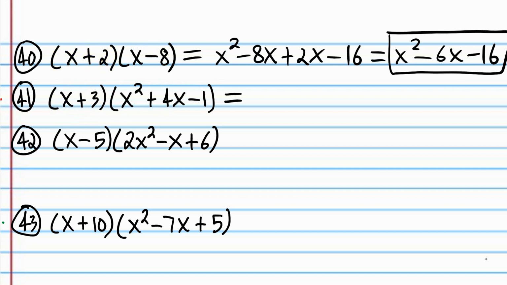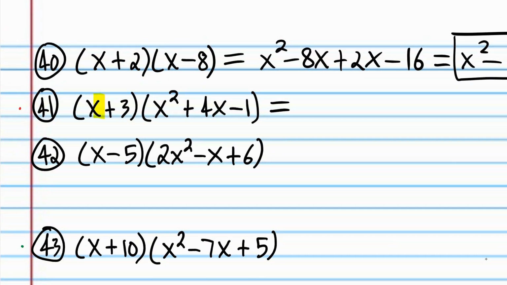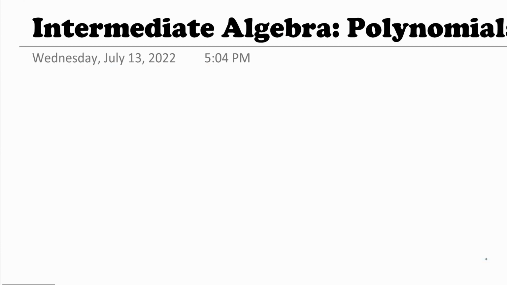So how do we do this? Well, the way we're going to do it is we're going to multiply x by all of these terms, and then we're going to multiply 3 by all those terms, and then we're just going to add them up. So every term in this expression is multiplied by every term in this expression. And you could say that the other way also.